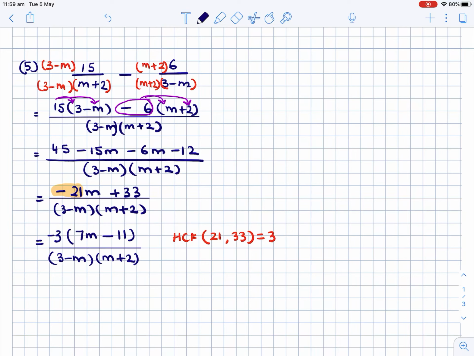Sometimes we have like the same terms in the bracket on the top as well as at the bottom, and in that case they can be cancelled.